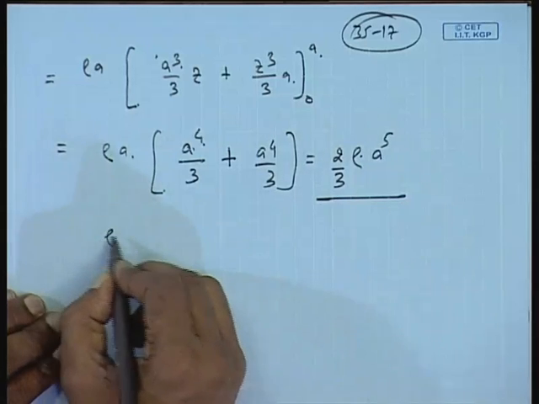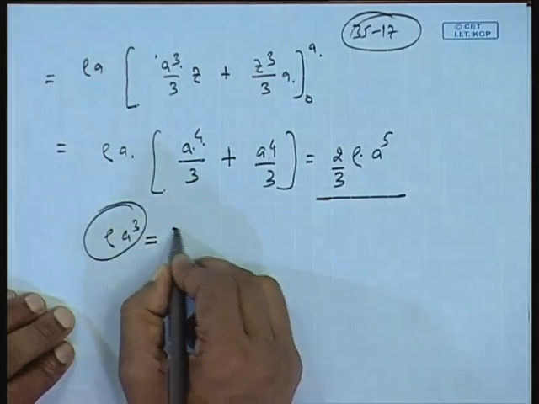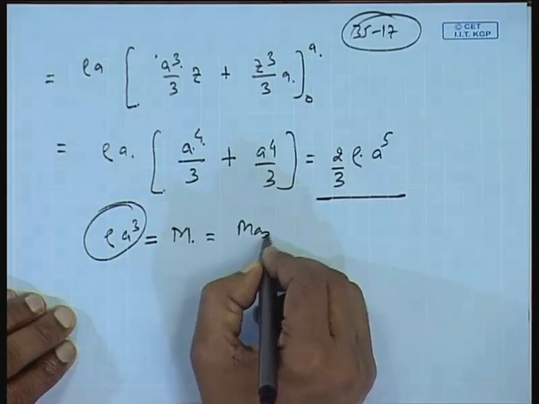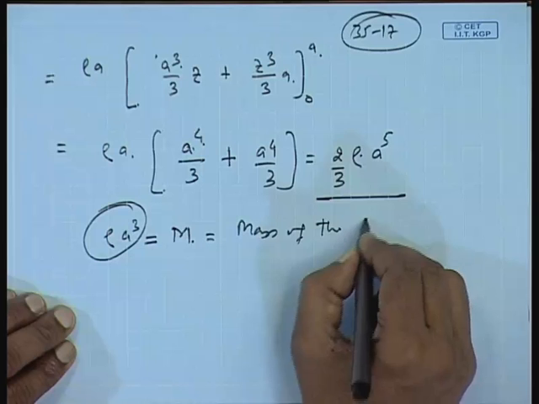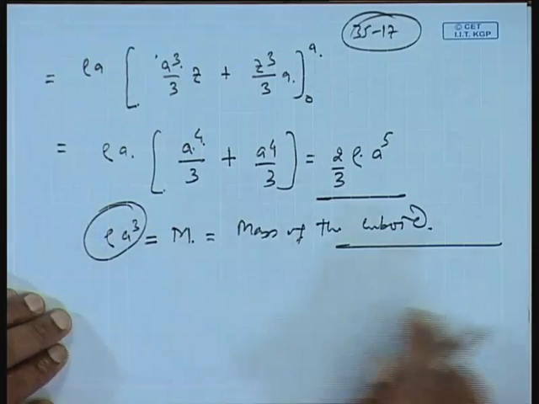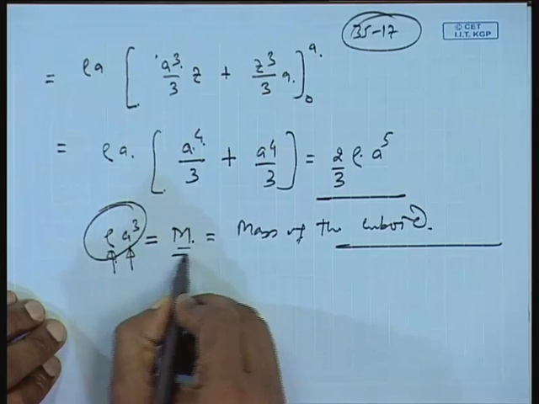Now, rho times a cube is nothing but the mass of the cuboid. A cube is the volume, and multiplied by density, this is the mass.